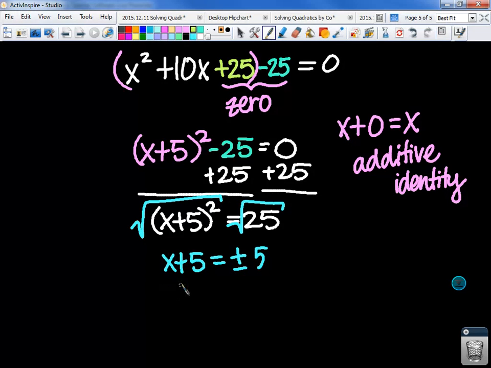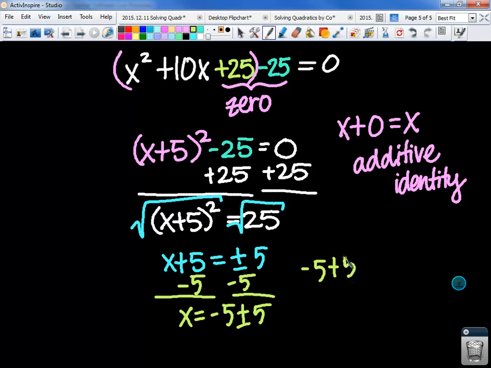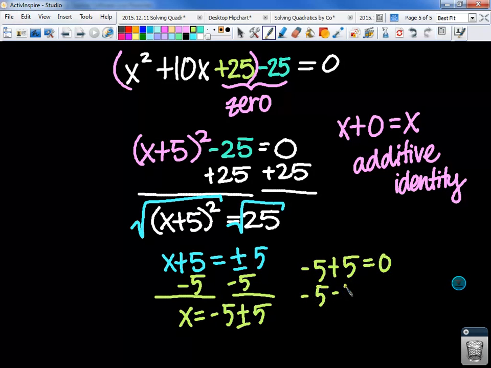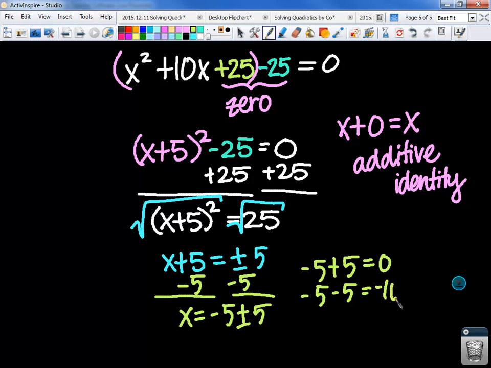So I'm going to subtract 5 from both sides of the equation, and I'm left with x equals negative 5 plus or minus 5. Negative 5 plus 5 equals 0. Negative 5 minus 5 equals negative 10. So my solutions are the two numbers 0 and negative 10.